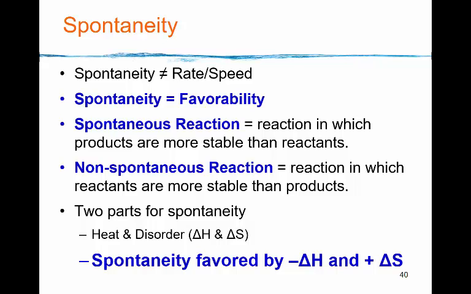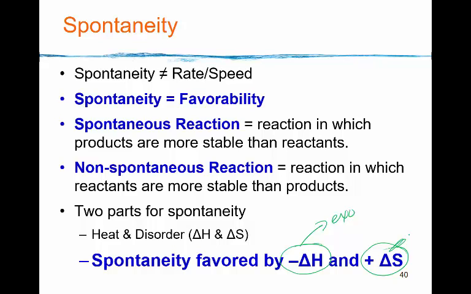And spontaneity is going to be favored by a negative delta H, okay, because that means it's going to be exothermic and give off heat, so it doesn't need heat put in, and positive delta S, because that means that it is random. Okay, so its entropy is high.